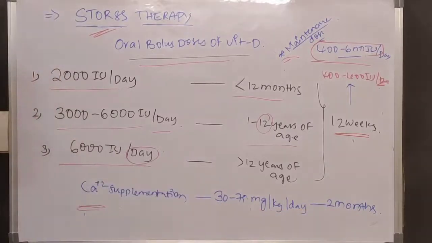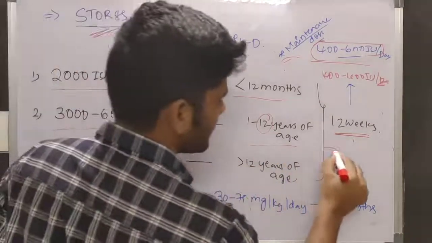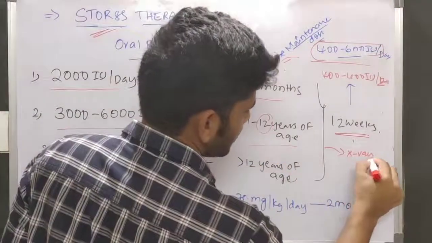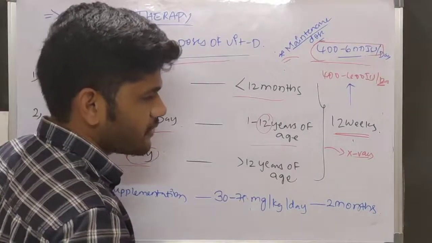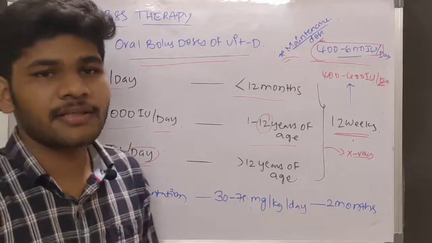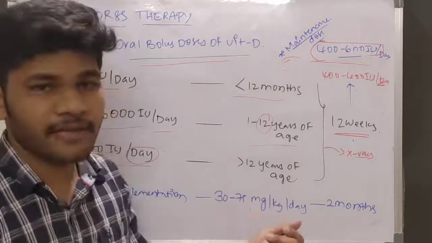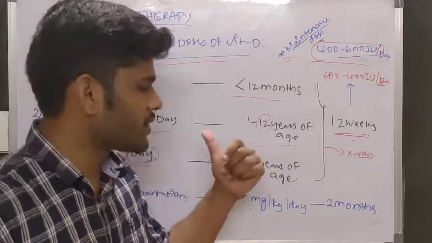After 4 weeks of starting this therapy, we go for an X-ray and we check for improvement in the X-ray findings. Generally, children will have improvement in the X-ray findings after 4 weeks of starting the therapy.